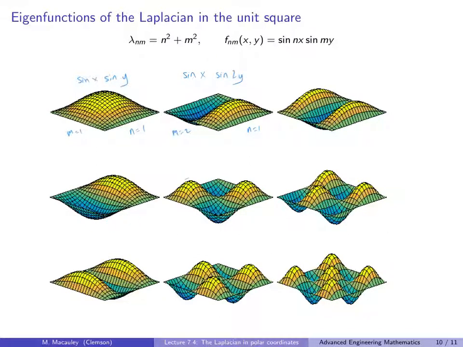And finally down here, this is n equals 2 and m equals 1, so we have sine of 2x times sine of y. And you can easily see the pattern for what these higher frequency eigenfunctions are as well. So think of these as like the fundamental vibrating modes. This is the two-dimensional analog of sines and cosines, or of a Fourier series in Cartesian coordinates.